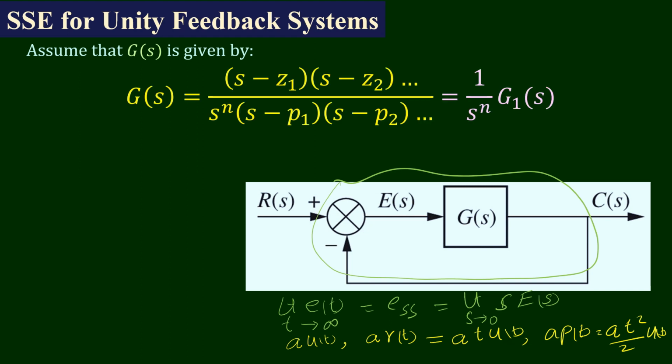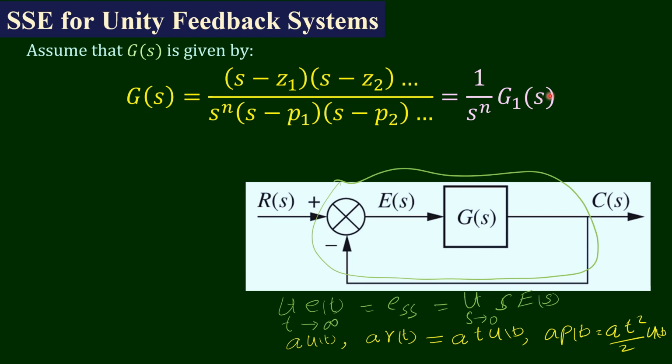The transfer function we may write in this format, and to this we say pole zero representation. It is not necessary to represent the transfer function in pole zero format. The importance is the number of poles at the location 0 or at the origin. So we can rewrite the transfer function G of s in this format.